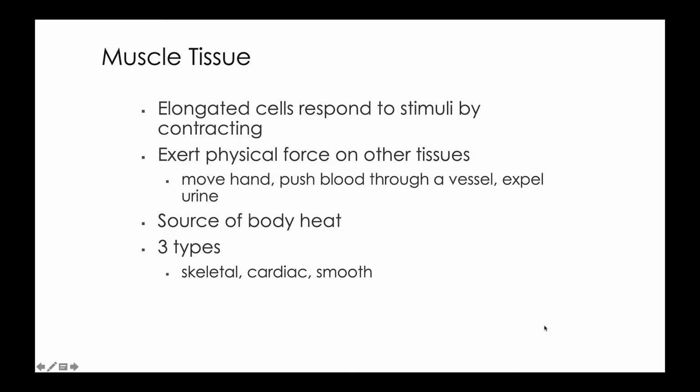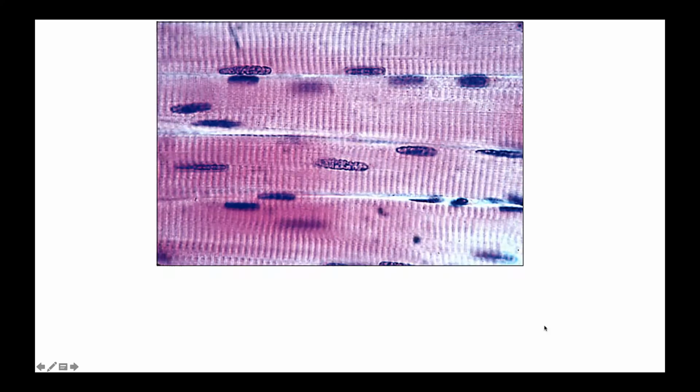The forces are being transferred from the muscle cells to our tendon and then onto the bone, and we are then able to move through time and space. And there's 3 types. Skeletal, which we'll look at today, cardiac, which you'll look at in 202, and then we'll briefly touch on smooth muscle in 201, and you'll see it again in 202.